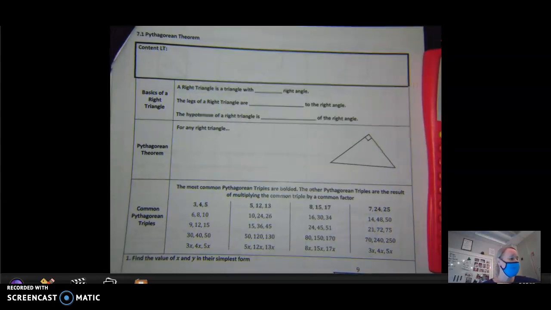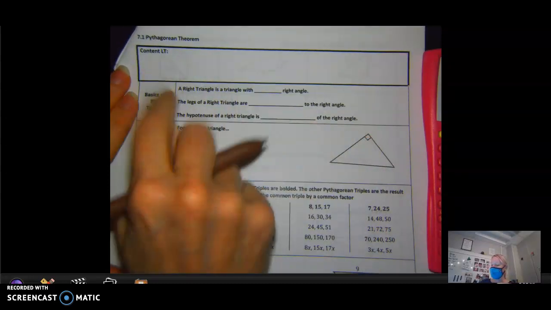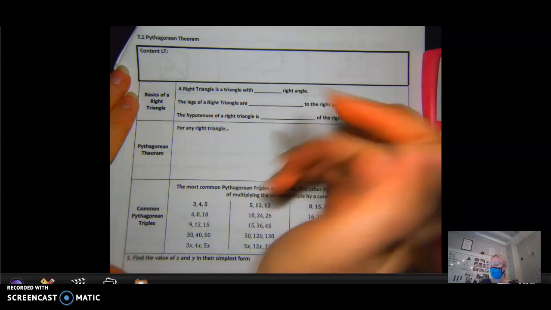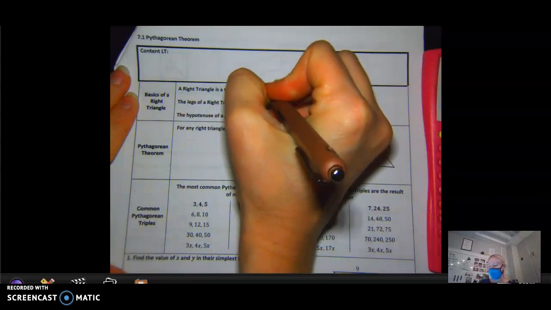Okay. So, Pythagorean Theorem. This is more of a little review than anything. The basics of a right triangle: this is a right triangle, the triangle with one right angle.